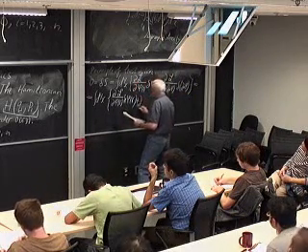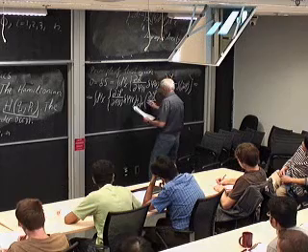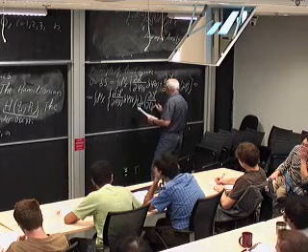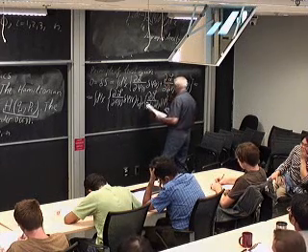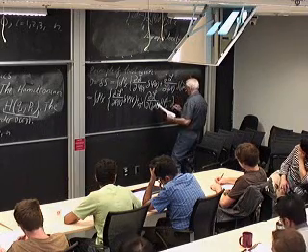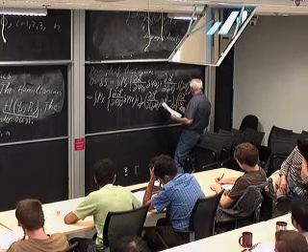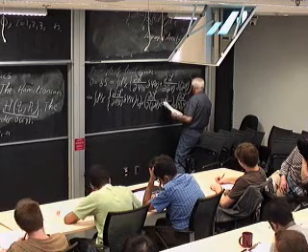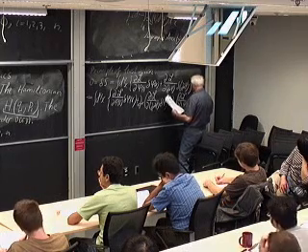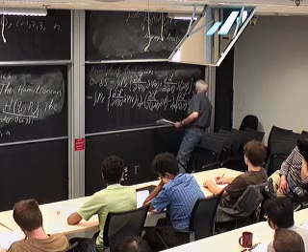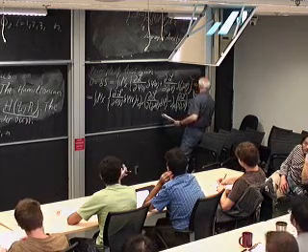Now, plus this divergence term, and minus d mu. Oh, it's wrong. And this is this. Okay?